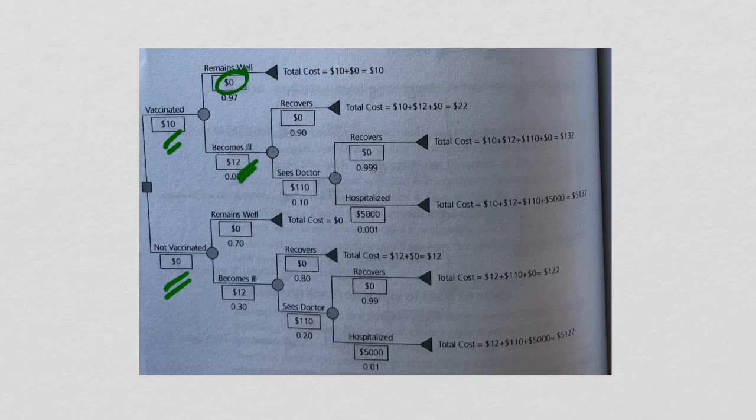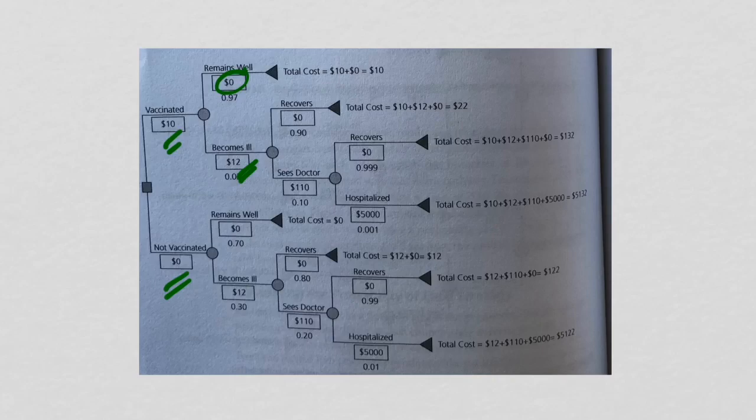Let's say we were able to get this information based on historical data that shows it'll cost about $12 to remain ill. That, for example, could include over-the-counter medication. So that's why we're counting the $12.